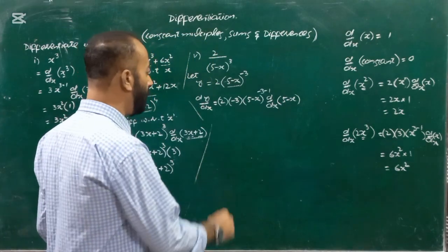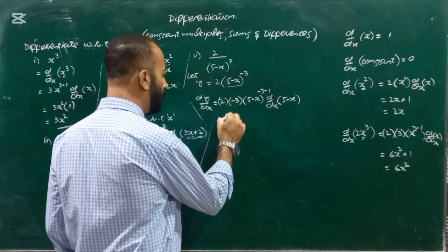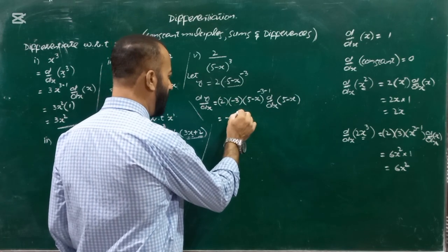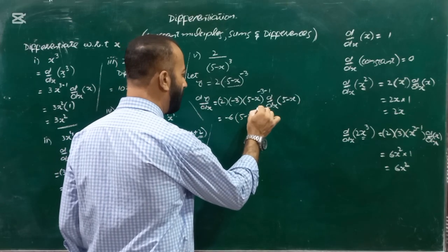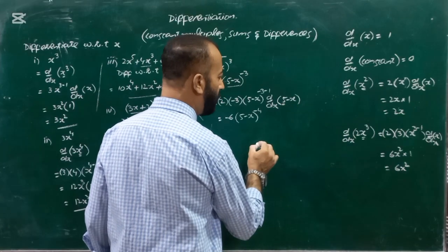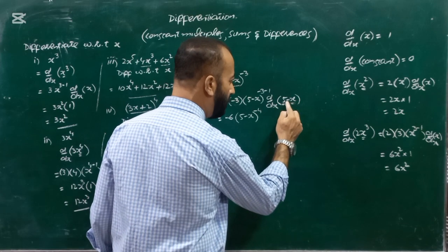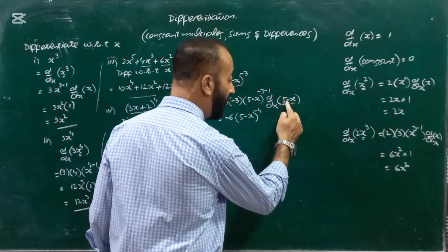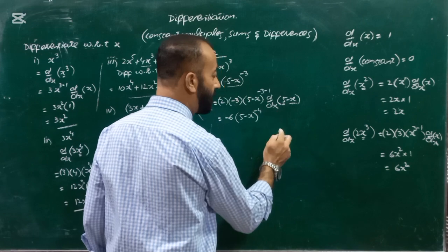So now next step, 3 minus 3 into 2 will be minus 6 into 5 minus x raised to the power minus 4. The differential of this constant will be 0, but the differential of x will be 1, but x is having sign minus, so the differential of this factor will be minus 1.